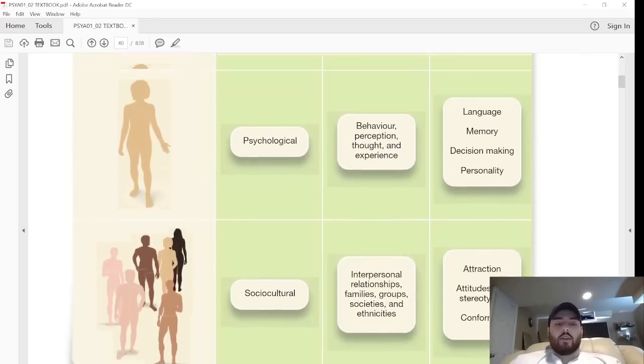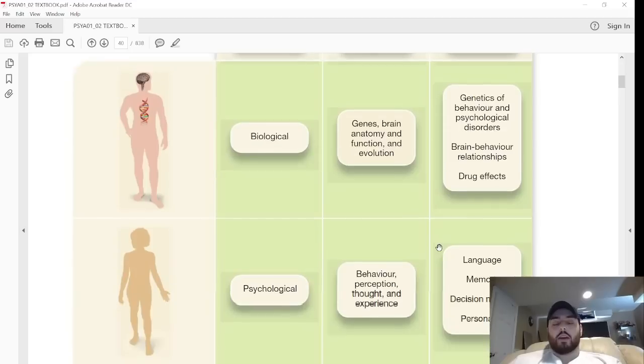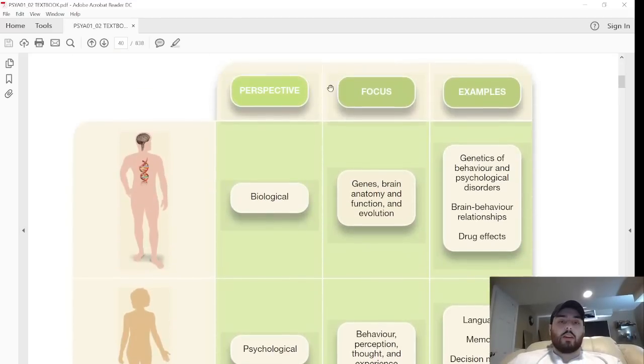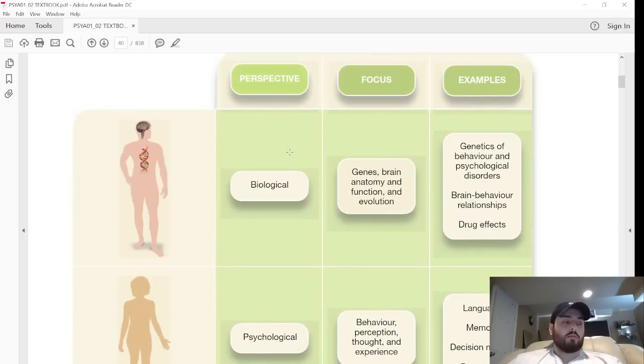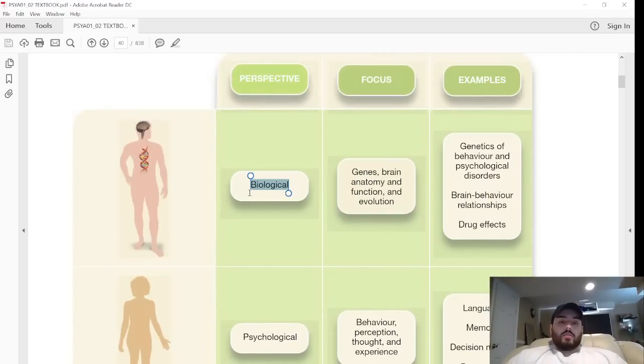So here's a great diagram on the biopsychosocial model, and I know we talked about it briefly, but we can look through the perspective, focus, and examples of all three components, right? The perspective of the biological section is essentially your genes, your brain, the anatomy, and the function and evolution. That's your biology. As you can see here, it highlights your DNA and your brain. Good examples of this, so that you get a better understanding, are genetics of behavior and psychological disorders, brain-behavior relationships, and drug effects.